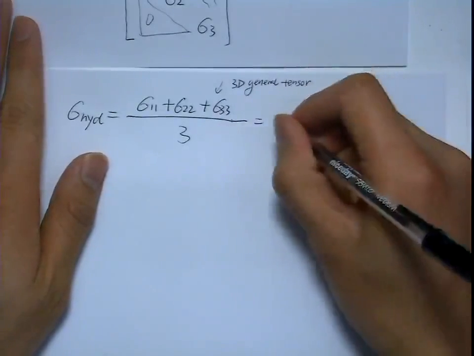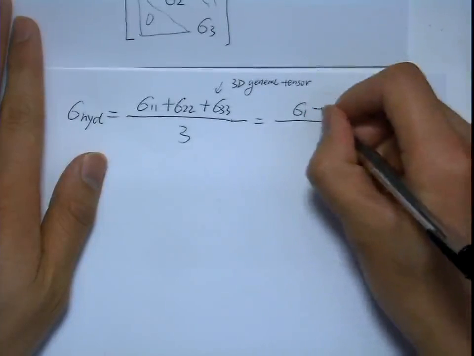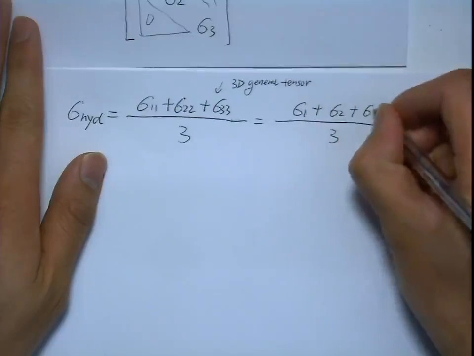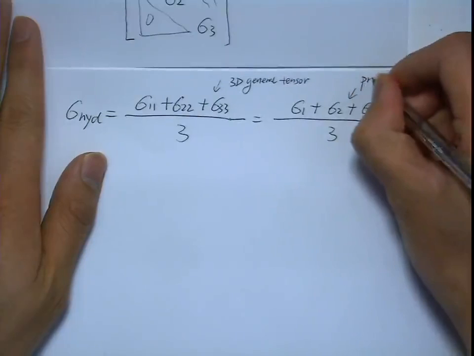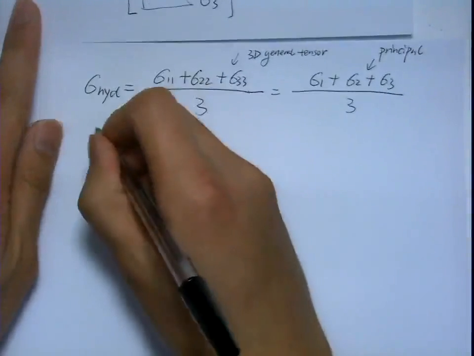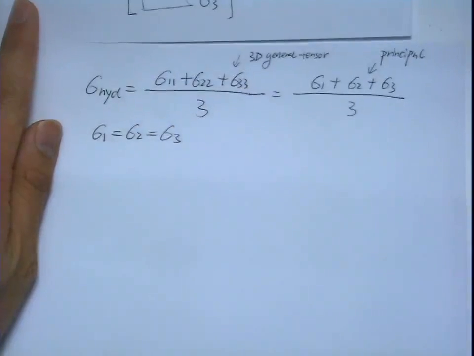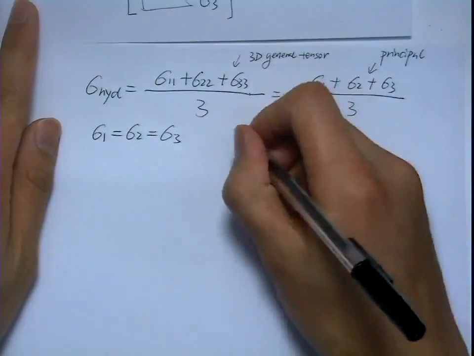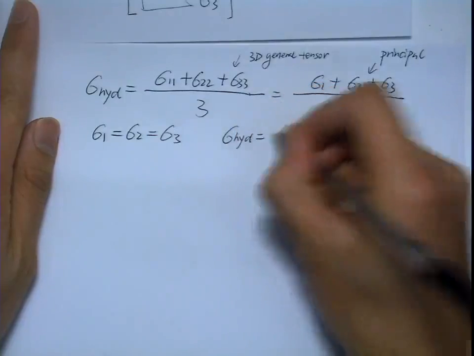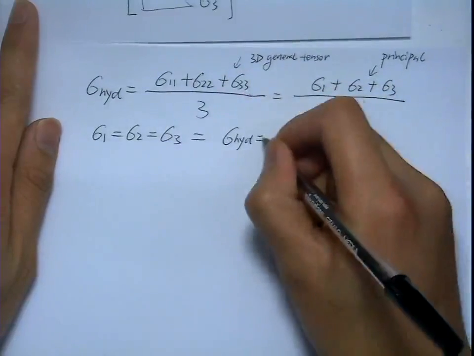But it is also equal to the principal stress. So what happens when sigma 1 equals sigma 2 equals sigma 3? The hydrostatic stress is equal to them, right?